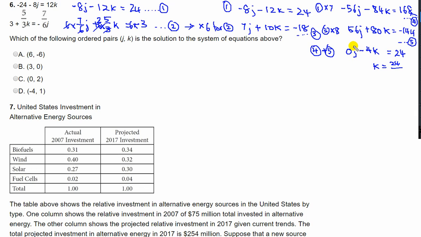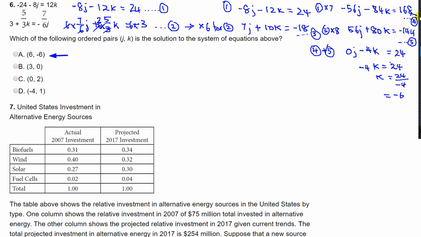Since this is 0j, we can just write minus 4k equals 24. Therefore k becomes 24 divided by minus 4, which is minus 6. You have one answer where k is minus 6. None of the options has a 6 as the k value, so we should take this as the answer.